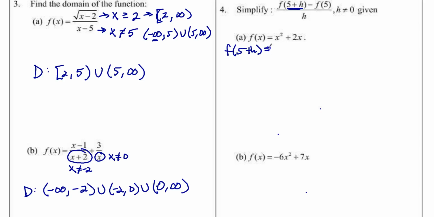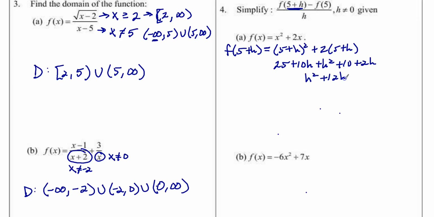So I'm going to plug 5 plus h in for x, so I'm going to get 5 plus h squared plus 2 times 5 plus h. That's going to give me 25 plus 10h plus h squared plus 10 plus 2h, and it looks like I can combine that a little bit to get h squared plus 12h plus 35.